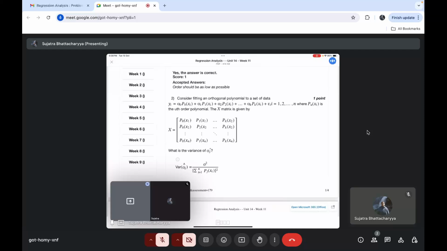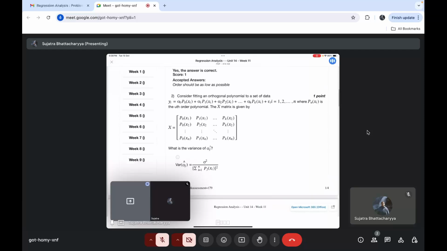This is the orthogonal polynomial regression model shown in the second question: y is equal to alpha naught p naught of x plus alpha 1 p 1 of x, and so on, where i goes from 1 to n, p_u(x_i) is a u-th order polynomial, and X is the matrix corresponding to these orthogonal polynomials. This is how it has to be represented.